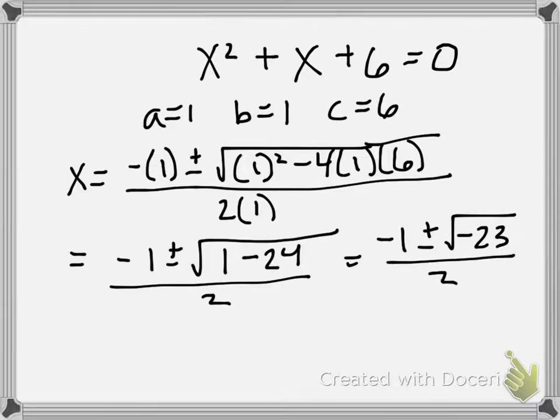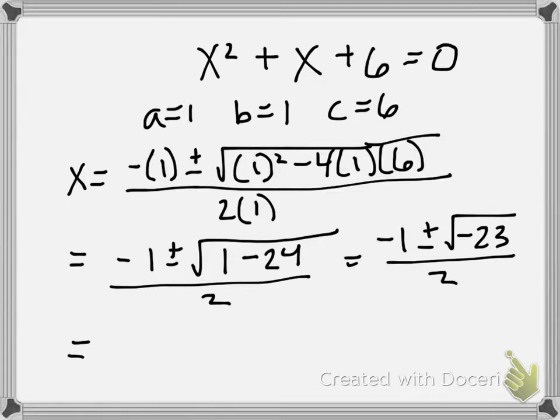And when we end up with a negative number under the radical sign, that means our solutions are not real. There'll be two complex solutions. So this is what we do with this.